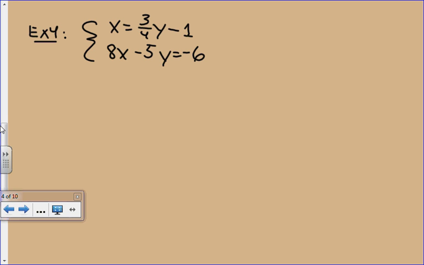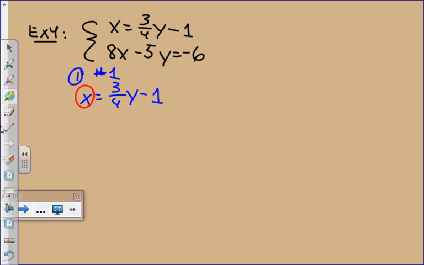Here we go, equation number 1. Here's our x equals 3/4 y minus 1. Here's our x equals what? 3/4 y minus 1. We got this from equation number 1. This one, where did it go?